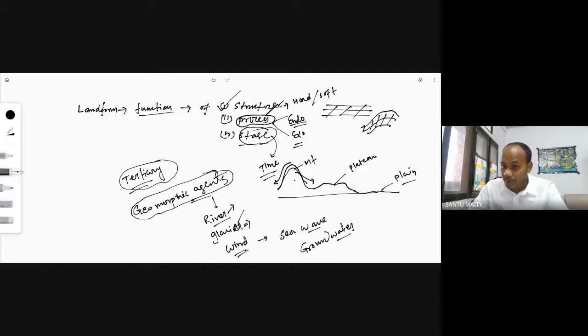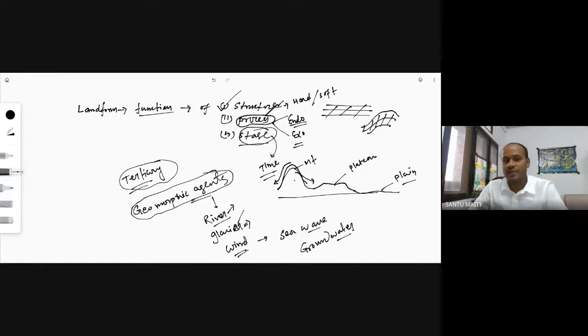At the same time, a plain region which you can see today may in future be a mountain, depending on the structure, process, and stage. A plateau region may be transformed into a mountain, and vice versa.